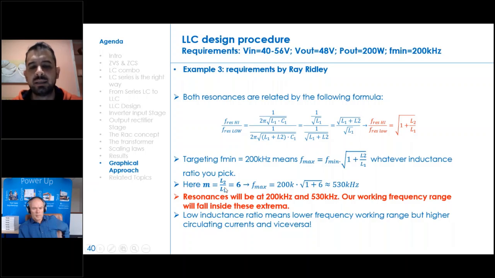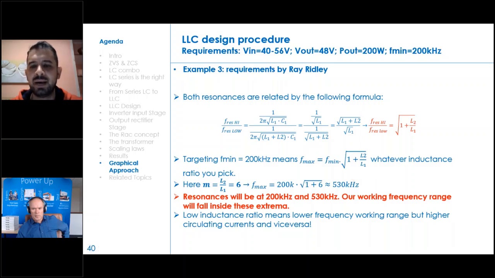So here I select, just to present you the power of the scaling laws and the graphical approach, I have changed the inductance ratio to something like 6. So the maximum frequency is something around 530 kilohertz. Look, these are resonance frequencies, not working frequencies.